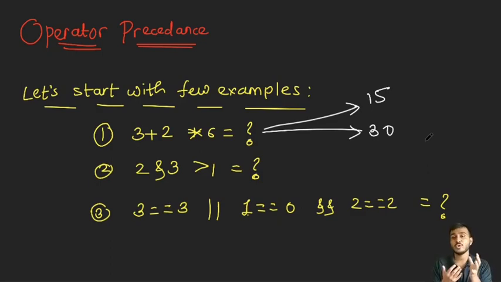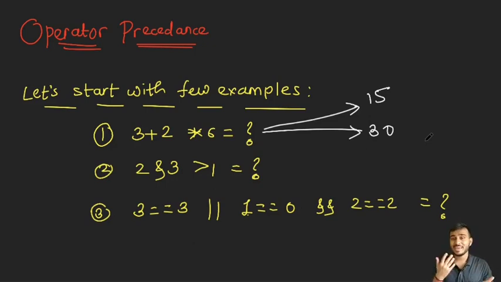Then when you multiply 5, the result of 3 plus 2, by 6, you get 5 into 6, that is 30, right? So if you follow way 1, you get 15. If you follow way 2, you get 30.